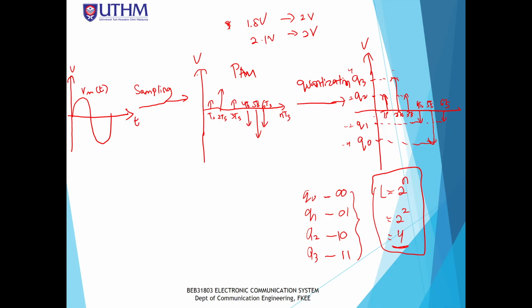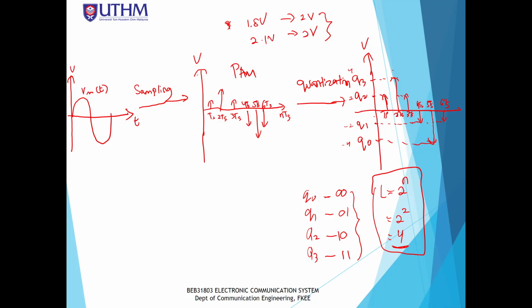Imagine if I have many levels, I just need to round it a few decimal points to the nearest quantized level. So the range of error would be smaller, which is good.